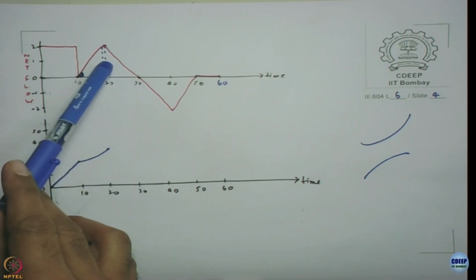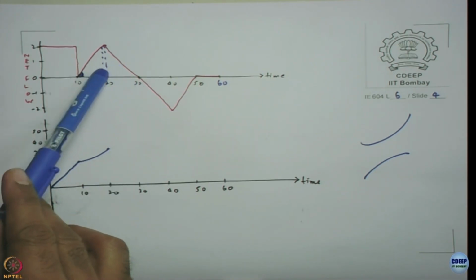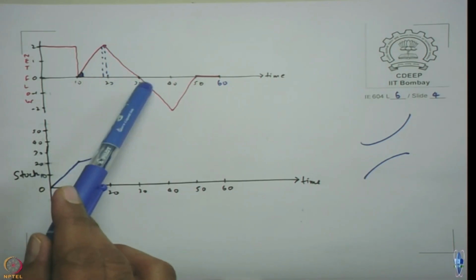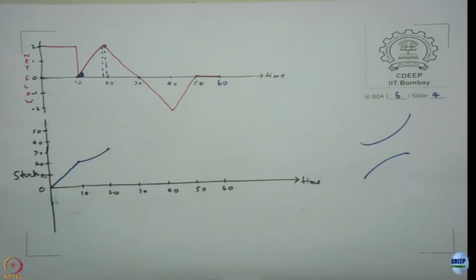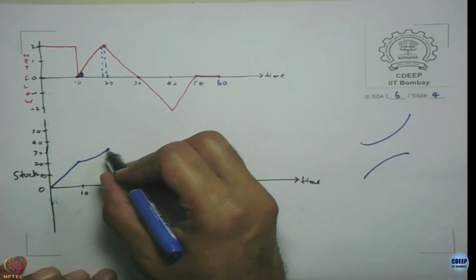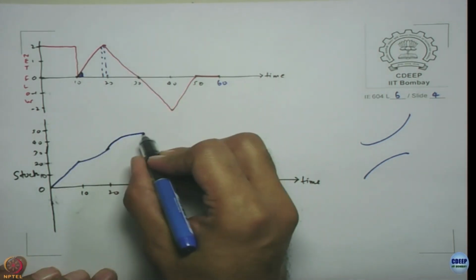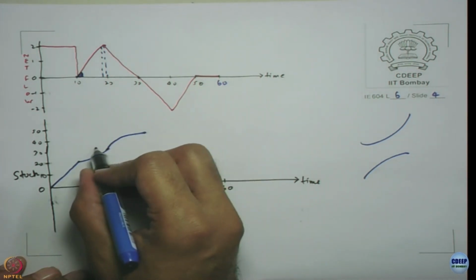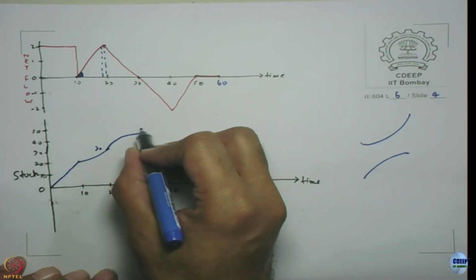A large quantity is added first, and then at every time unit smaller and smaller units are added until it hits a total of 40, right, because the area under the curve remains the same at 10. So now the curve goes like this. This is 30, this is 40.